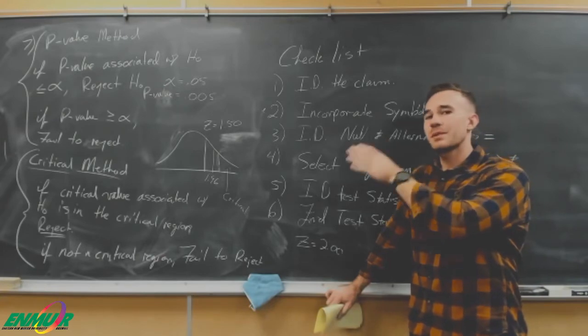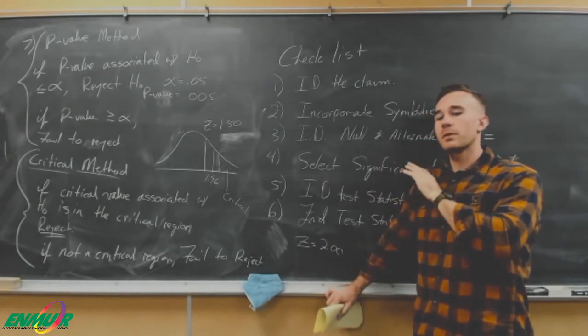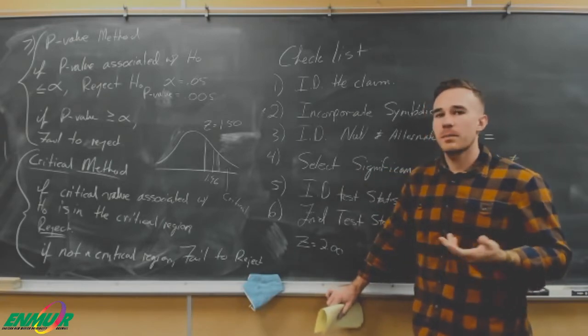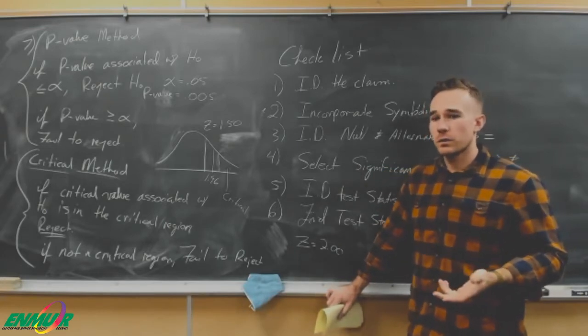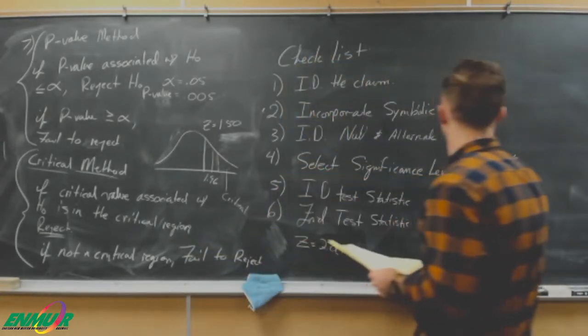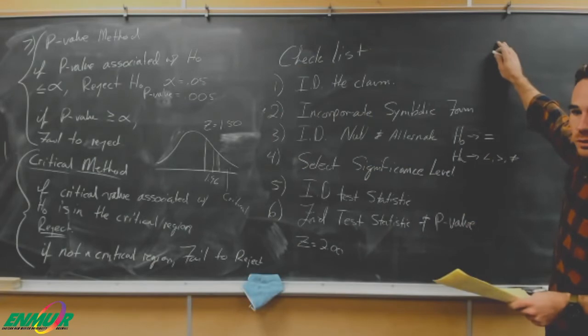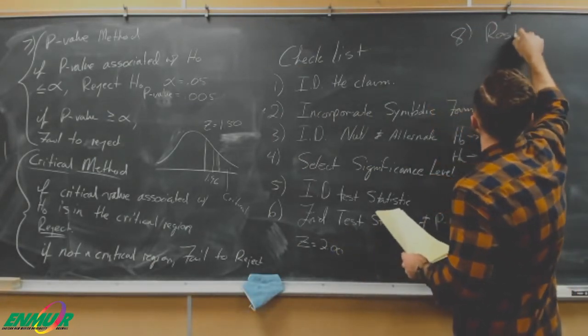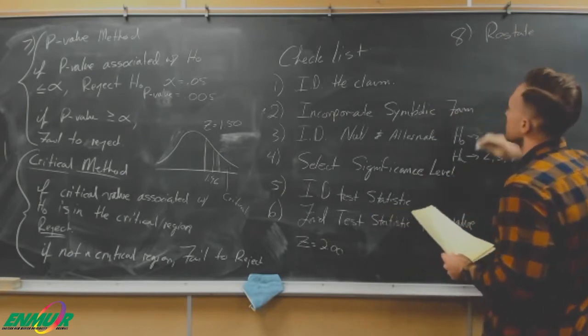So once we get through step 7, we're pretty much done with all of the mathy kind of stuff. But in step 8, we're just going to restate the problem. You see up here? So for step 8, we are going to restate the problem.